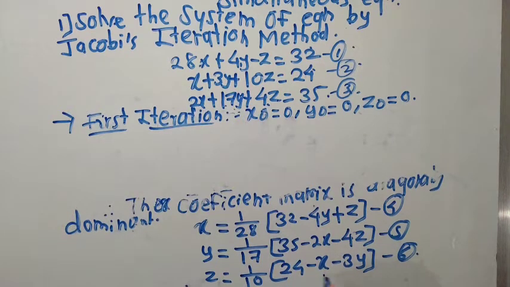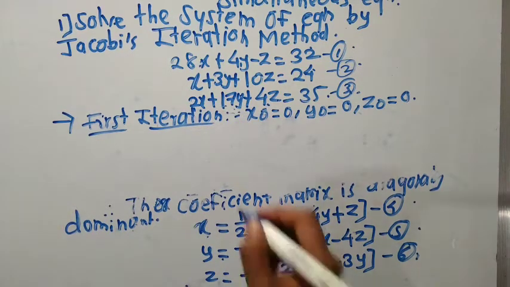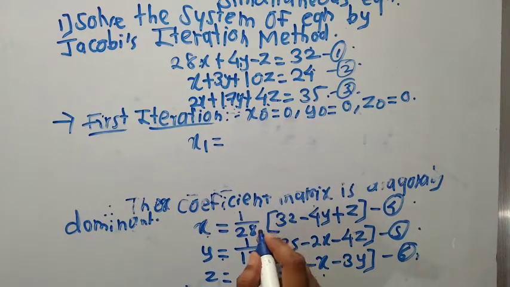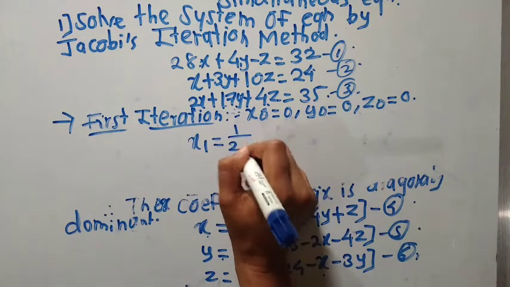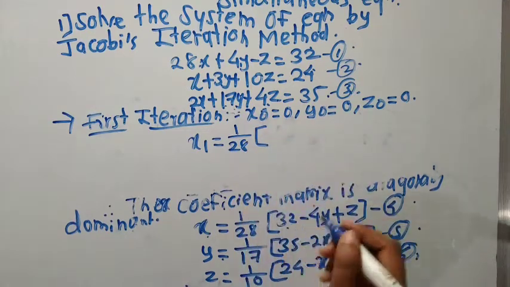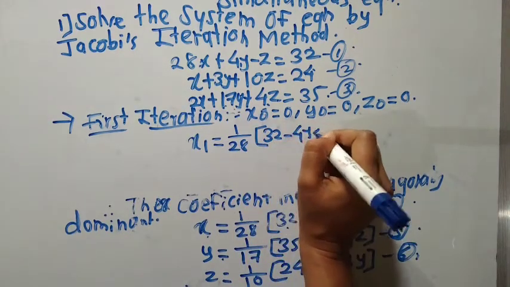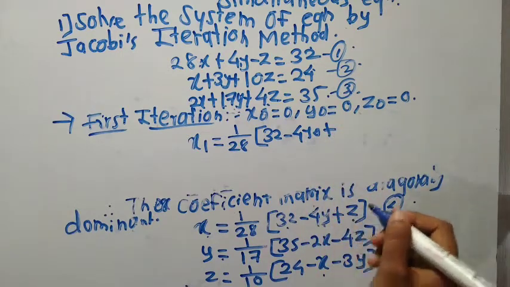Hence put in these equations 4, 5 and 6 and find out x1, y1 and z1. Hence x1 is equal to 1 divided by 28, 32 minus 4y0 plus z0.